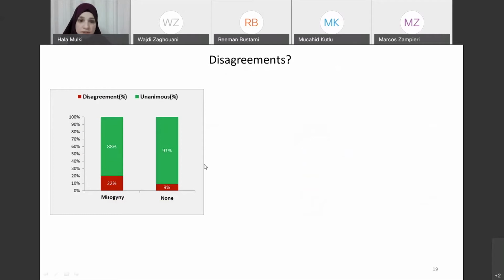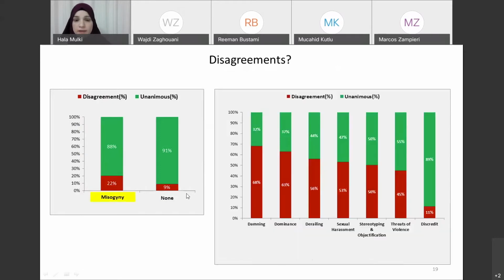As we can see here, in general, the disagreement ratio in the misogynistic category was higher than in the non-misogynistic one, while the disagreement percentages in the misogynistic behaviors were much higher. This can be justified by the fact that identifying misogynistic content in general is easier than recognizing the misogynistic behavior.